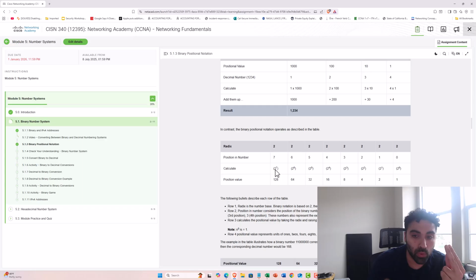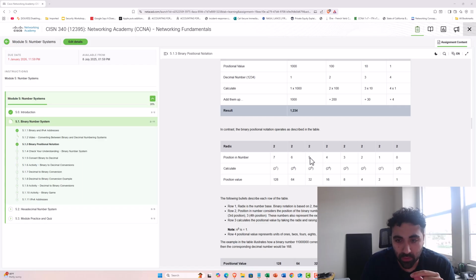And then we take it to the power of n, equaling the position of the location of that bit. So you have to think a little bit of math right now. You take base 2 and you look at the position of that bit.